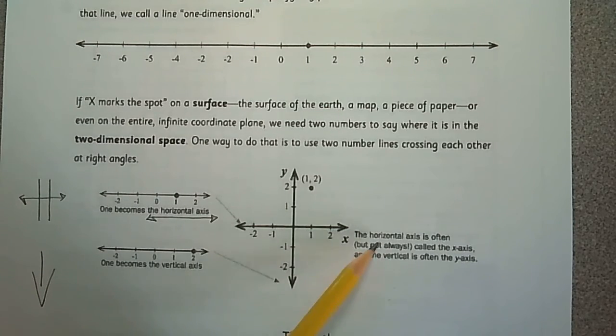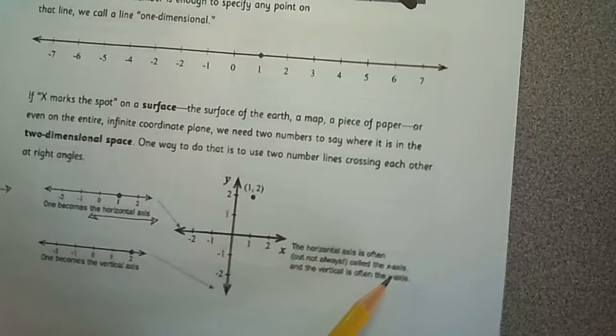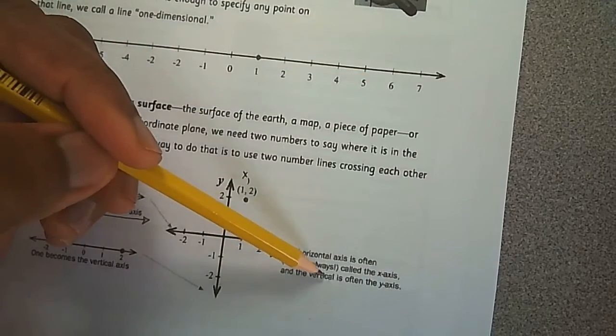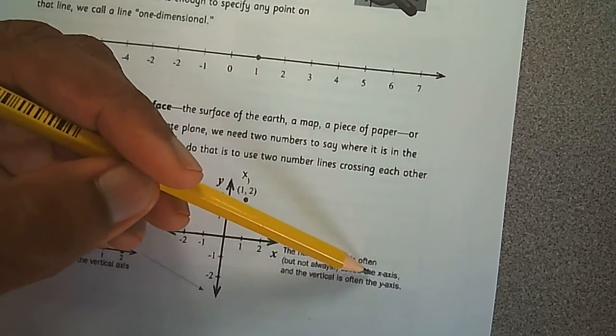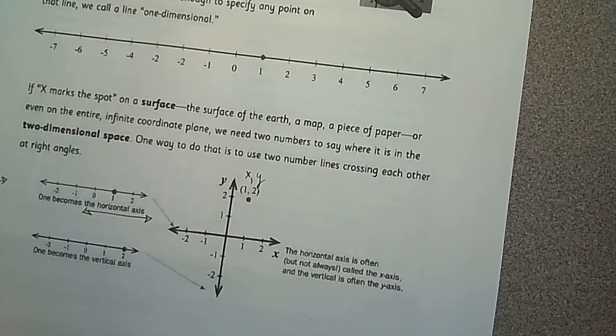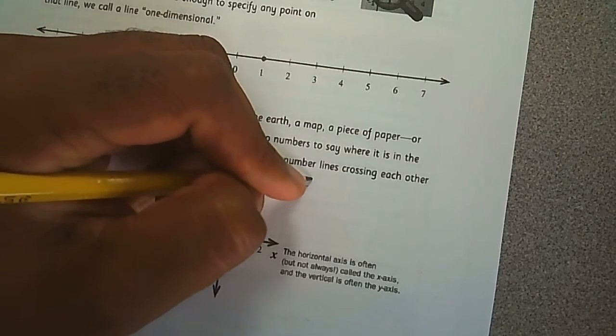The horizontal axis is often, but not always, called the x-axis. So that first number was the x. And the vertical is often the y-axis. Ordered pairs, we've seen this before.